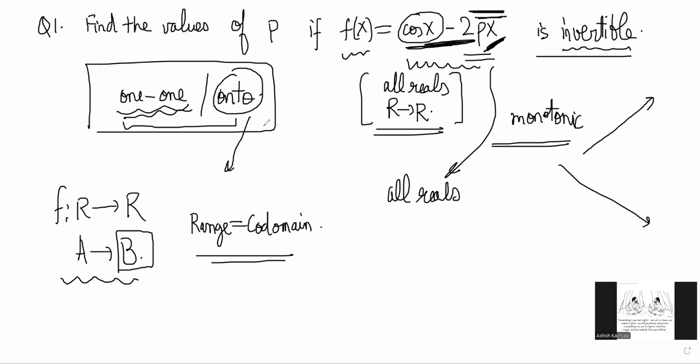Otherwise, if the question specifically mentioned set A and set B, we would have to worry about the onto condition. So here we forget about onto and only focus on the one-one part, and a one-one function is one which is monotonic, strictly increasing or strictly decreasing. So now the question is basically to find the values of p so that it is strictly increasing or strictly decreasing. In that case, it becomes invertible. So find the answer then.